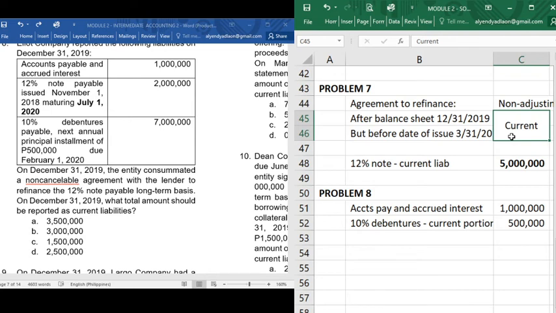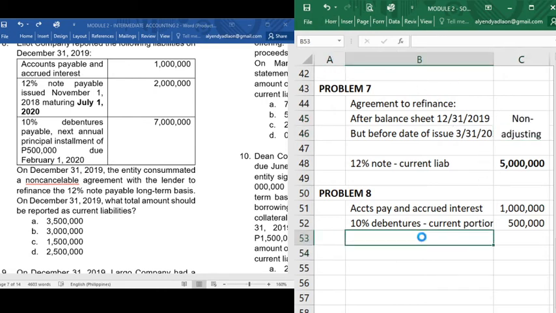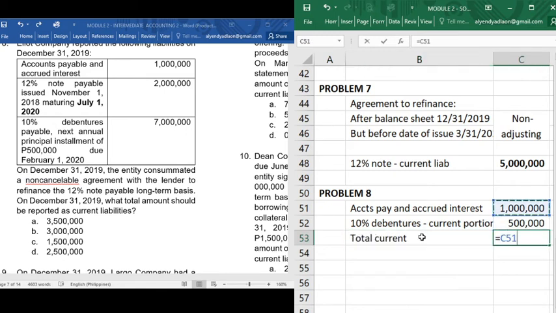We do not adjust it. It stays current. Okay, so that is for number 8. The total current liabilities is 1,500,000 and that is letter C.